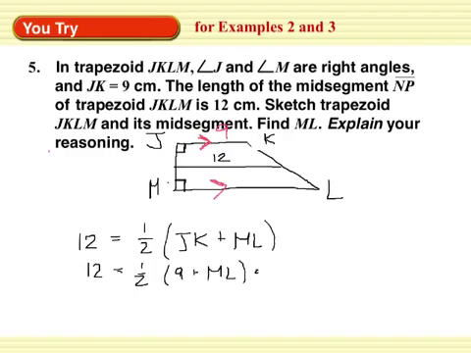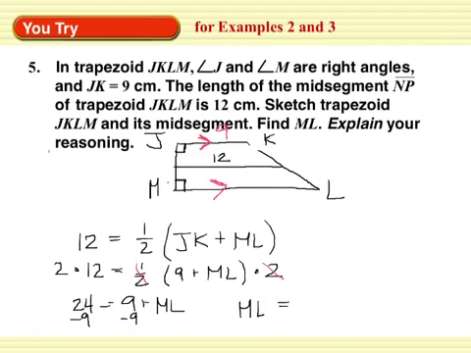First I need to multiply both sides by 2 to get rid of the 1/2. And then we can say that 24 equals 9 plus ML. Subtract 9 from both sides, and ML is 15. Hardest part about that one was drawing it, right?